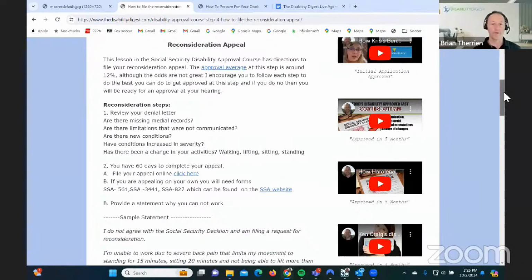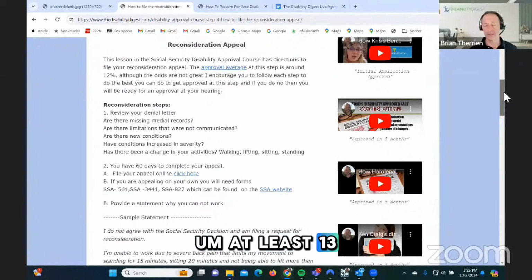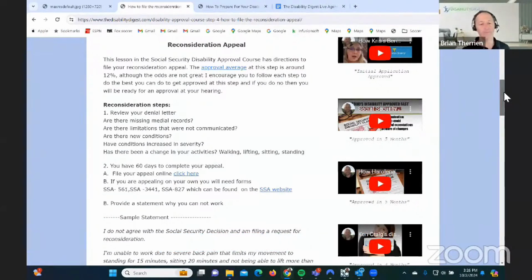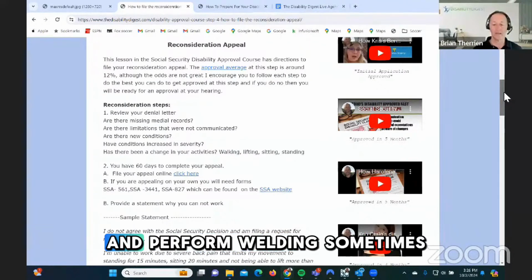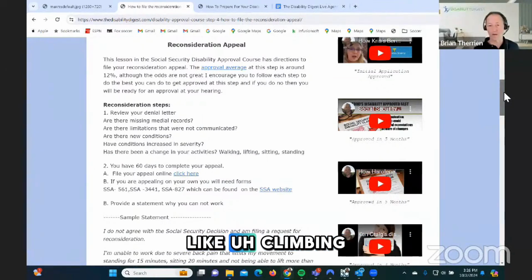The individual was a welder, been a welder for at least 13 years, and is no longer able to do welding work because it doesn't allow him to sit. He actually has to go out into the field and perform welding, sometimes climbing or bending or stooping.